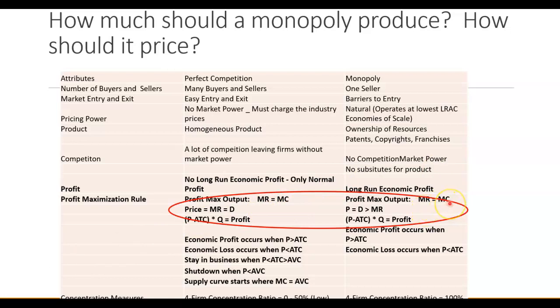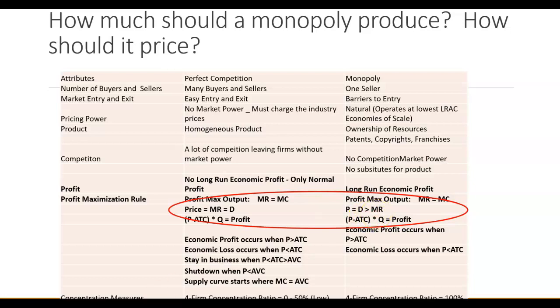Marginal revenue equals marginal cost. This tells you the amount of units that they should be producing. Now, in perfect competition, recall that price equals marginal revenue equals the demand curve. However, in monopoly, price equals the demand curve and is greater than marginal revenue.